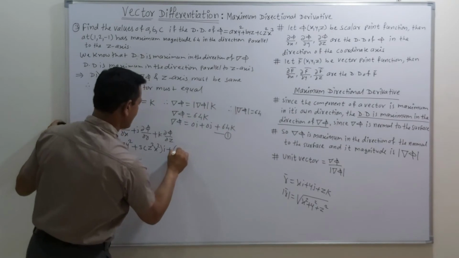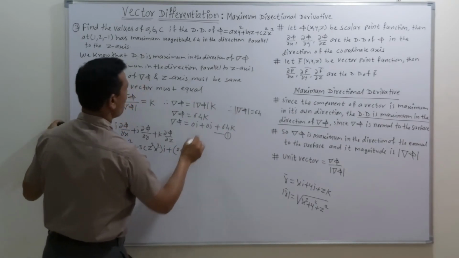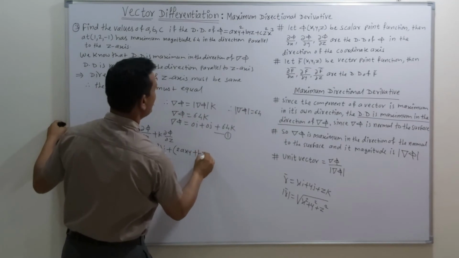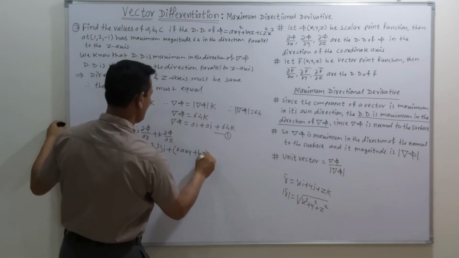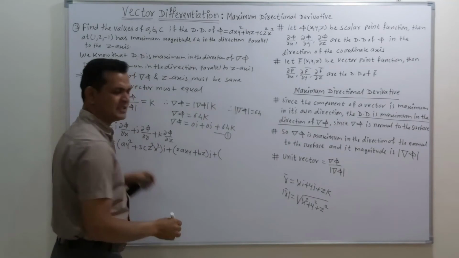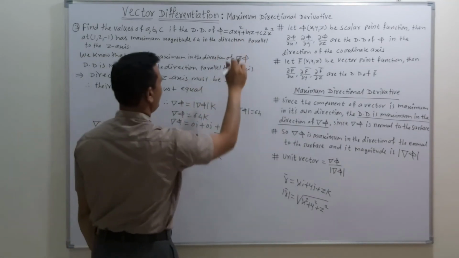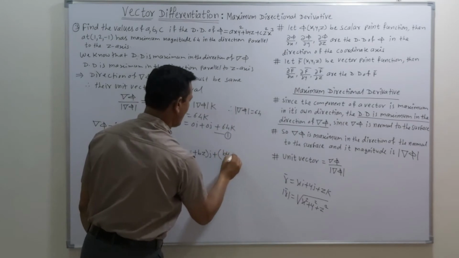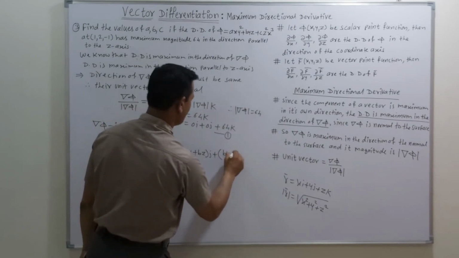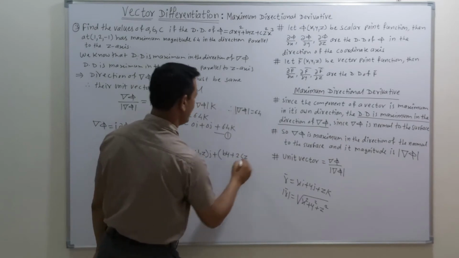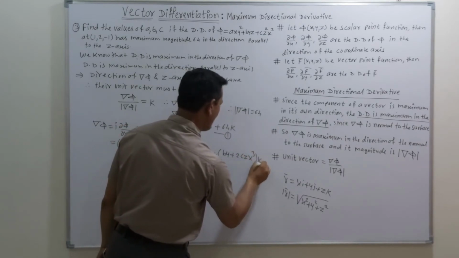We get 2axy plus bz, into j. Again take the partial derivative with respect to z. We get by plus 2cz into x cube, into k.